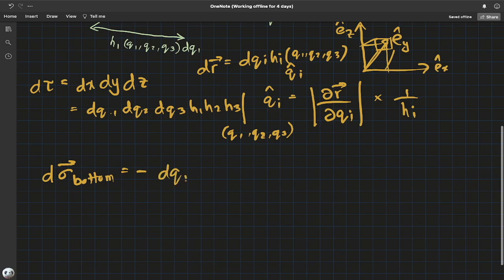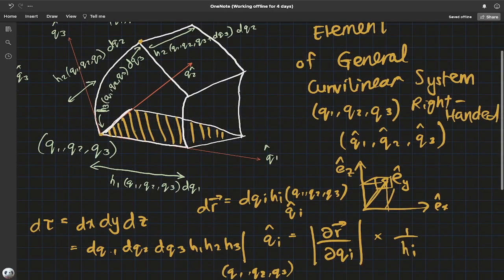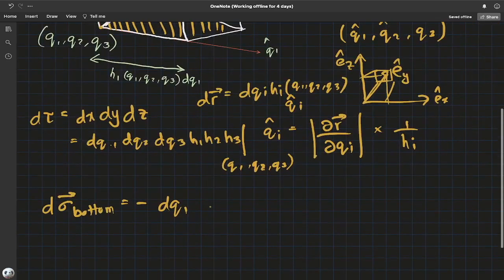So on the bottom you're in the q1, q2 plane. So those area factors are going to be dq1, dq2, but again, similar to this analogy of the differential line element, we're going to have to multiply by these scaling factors.